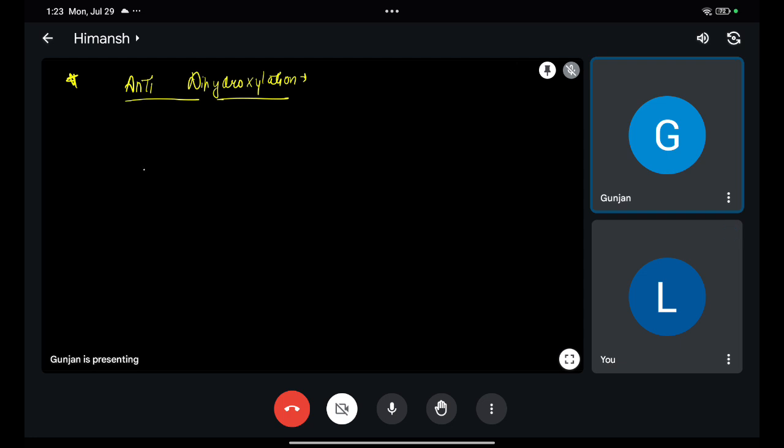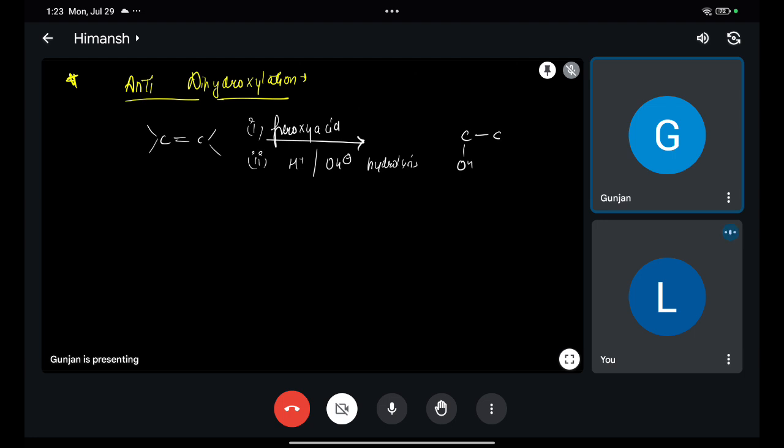So when an alkene is attacked with peroxy acids, then acidic or basic hydrolysis, it will give diols in this manner.